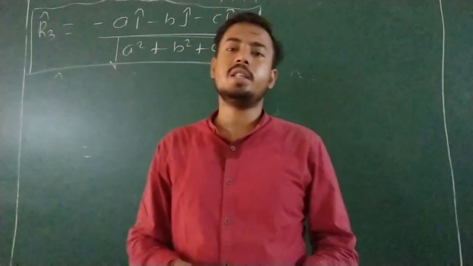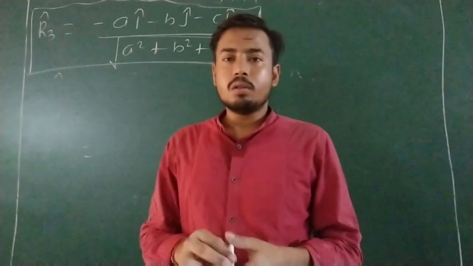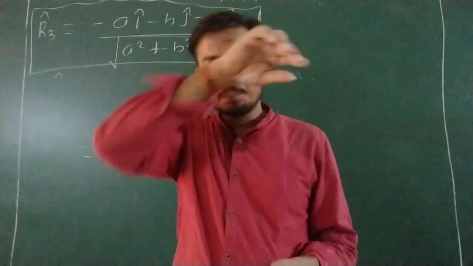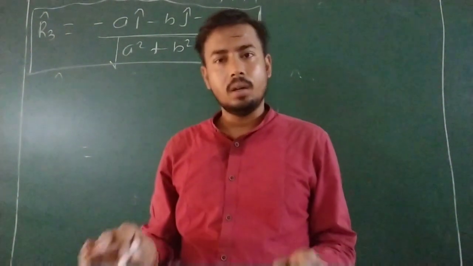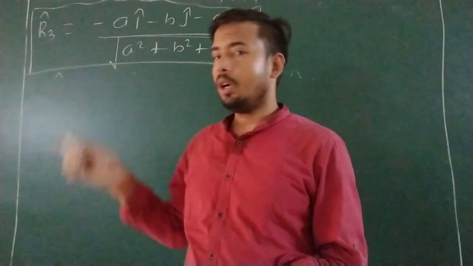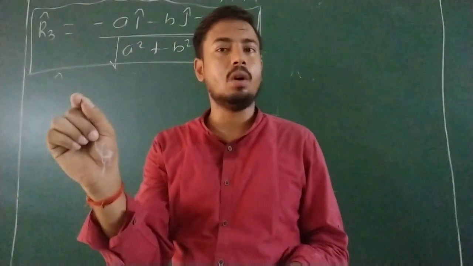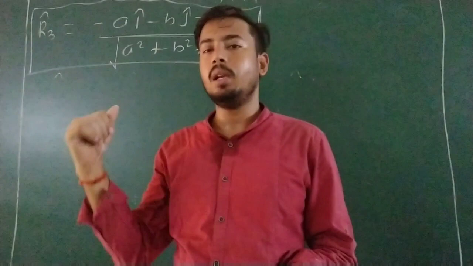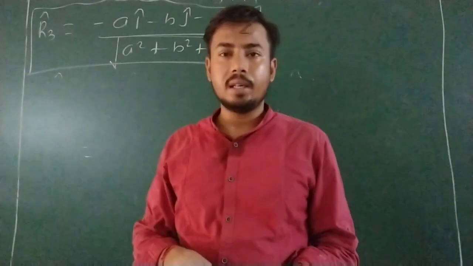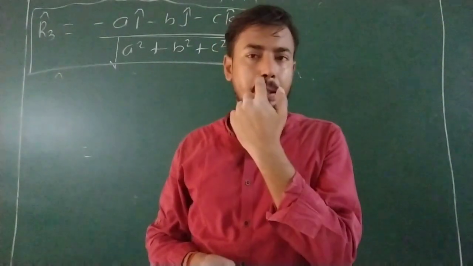Sometimes they will give the normal and incident ray, sometimes the normal and reflected ray. So in all these questions you have to pay attention. Very easy. Just this formula I have already told you: r cap is equal to i cap minus 2 times i cap dot n cap into n cap. This is the only formula. If you apply it here, you will get the result. So let's see one more example, then we will move on to another question.